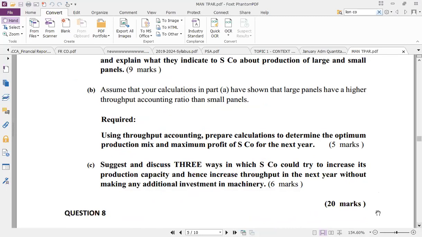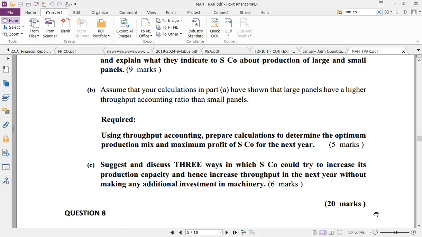And then let's see. Suggest and discuss 3 ways in which ESCO, that's Solar Core, could try to increase its production capacity and hence increase throughput in the next year without making additional investment in machinery. I like this question.